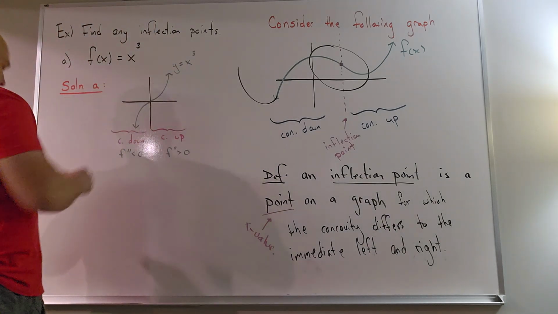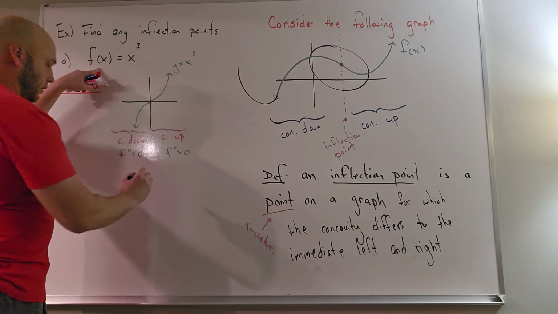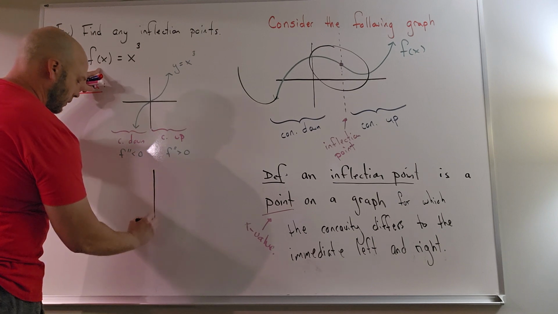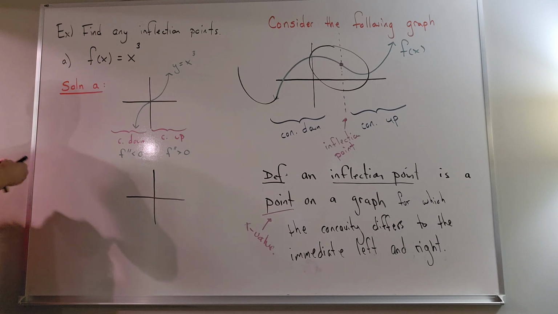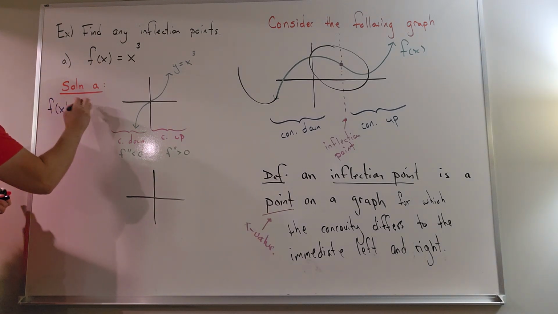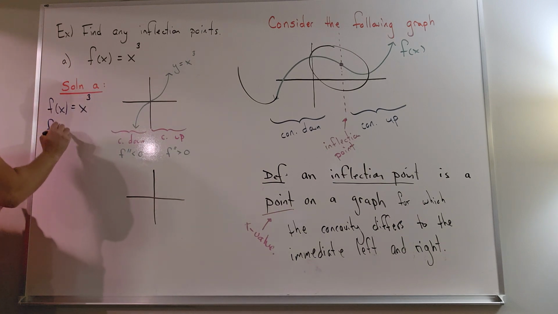If this is the graph of x to the third, let's also graph the second derivative of that. So let's compare. Off to the side here, if f of x equals x to the third, then again, I want to graph the second derivative, so let's compute the first and the second.